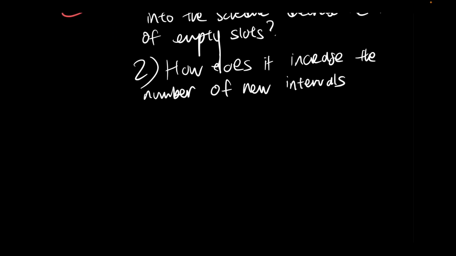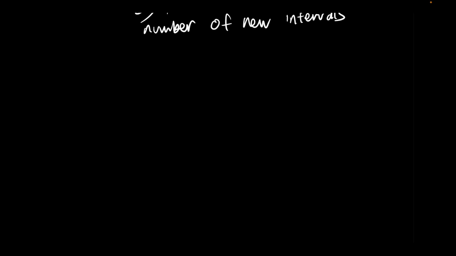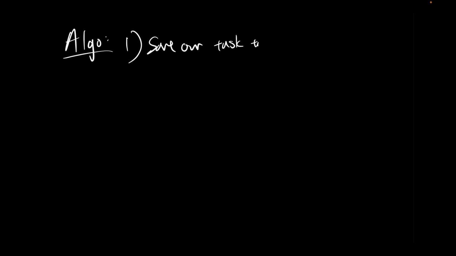Okay, so now we can think about pseudocode. What are we going to do? Well, first, we're going to need to sort our task types in decreasing order of frequency.